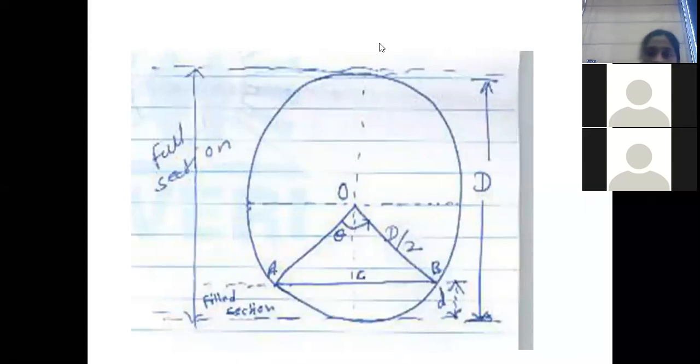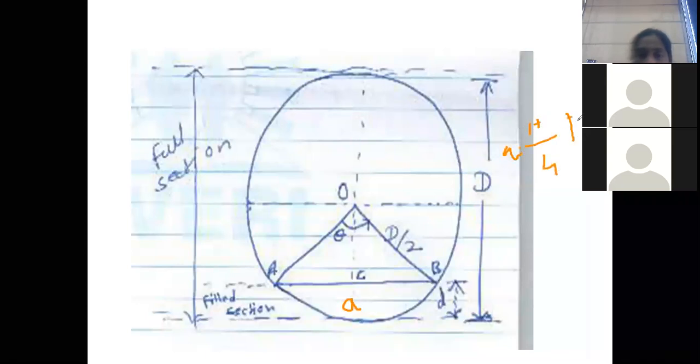Okay. Now see, here what we are finding out, small a as the area. Small a is equal to area. So what is the area? Area is equal to the usual equation we know. It is pi by 4 D square, and it has become a section.